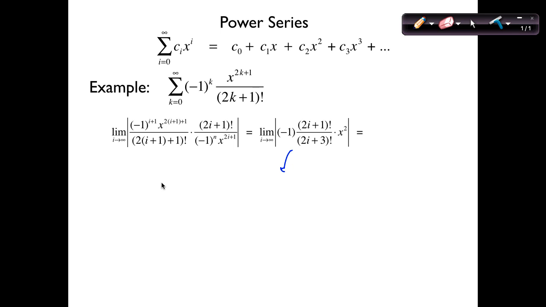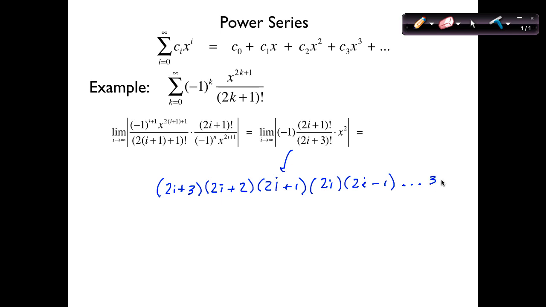Nick? It would be 2i plus 3 times the quantity 2i plus 2 times the quantity 2i plus 1 factorial. So 2i plus 1, then what's next? 2i, and then? And we keep going on and on like this until we reach?